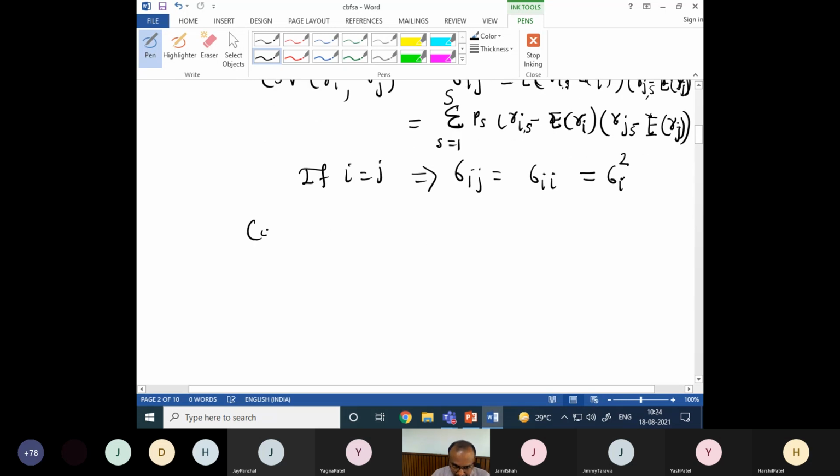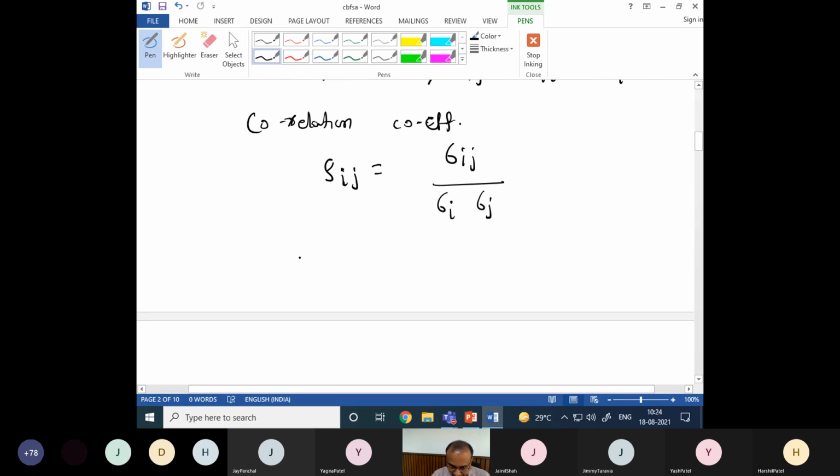Then we have a correlation coefficient, denoted by rho ij, which is sigma ij divided by sigma I sigma j, and this value ranges from -1 less than or equal to rho ij less than or equal to 1.